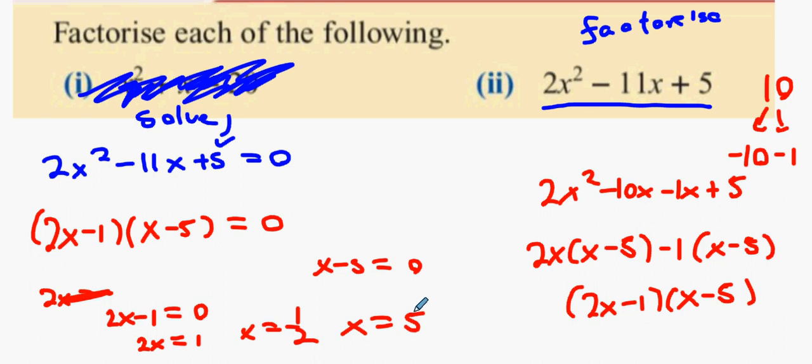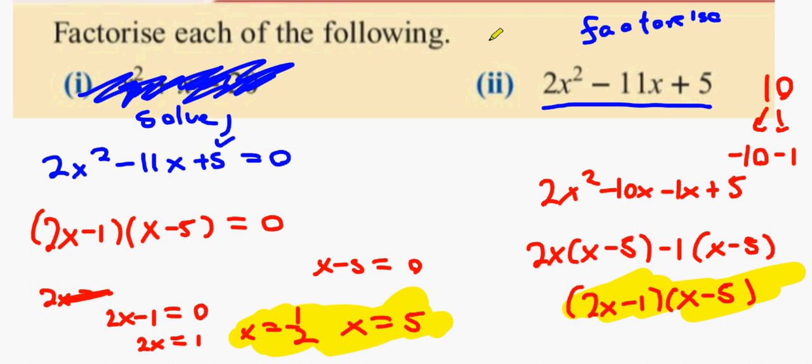Now, I'm going to show you the reverse of this in 5 minutes. Does everybody understand that the answer to a solved question is basically x on its own? The solved answer is 2 answers. The factorized answer is just it broken up into brackets. Factorize is just 2 brackets. Solve is you multiply it out.